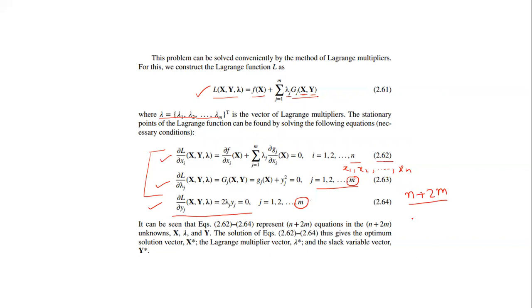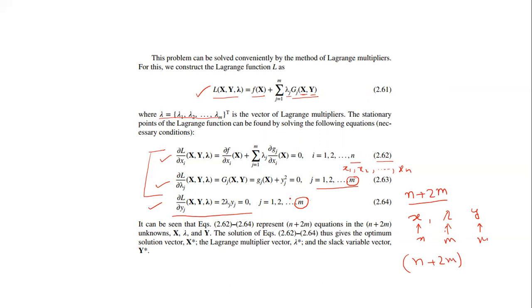And how many unknowns? x is n, lambda is m, and y is also m. So the variables are also n plus twice m. So we have n plus twice m unknowns and n plus twice m equations, and we should be able to figure out a solution.